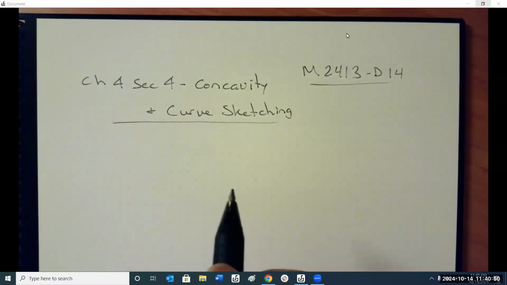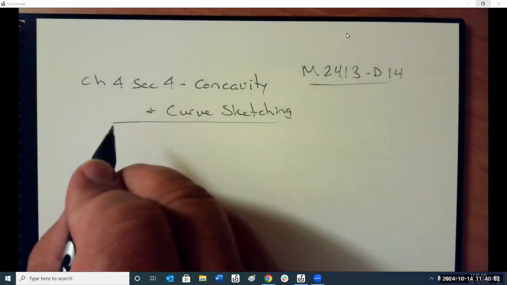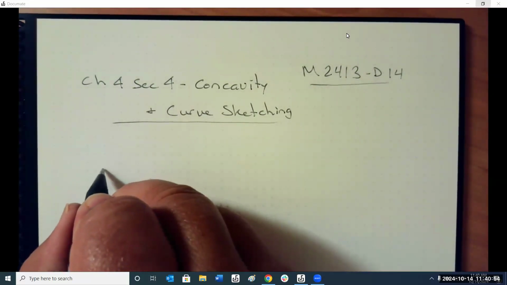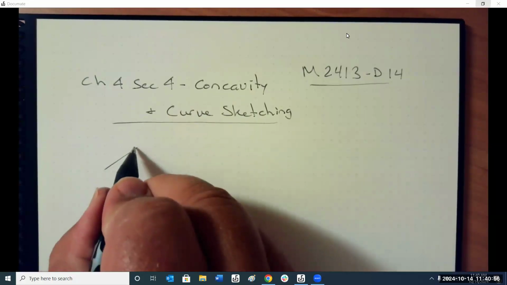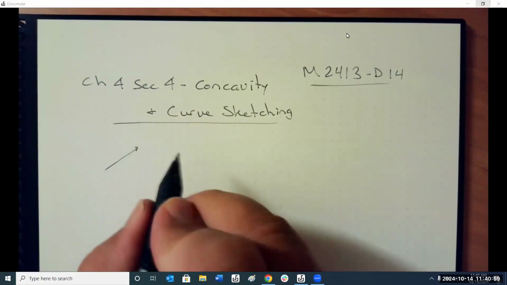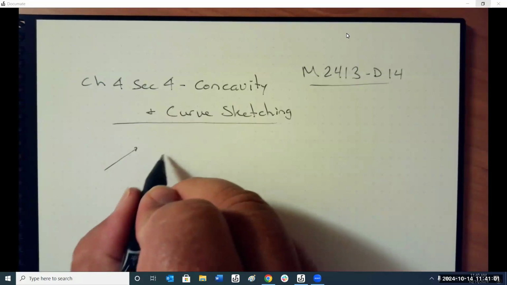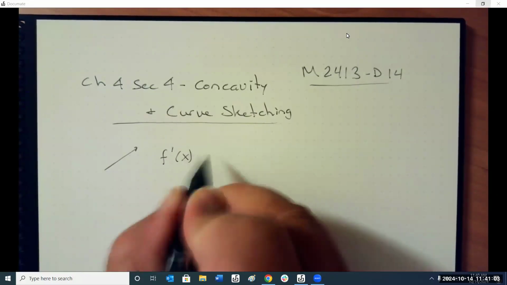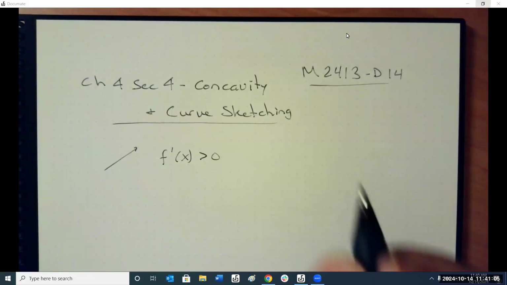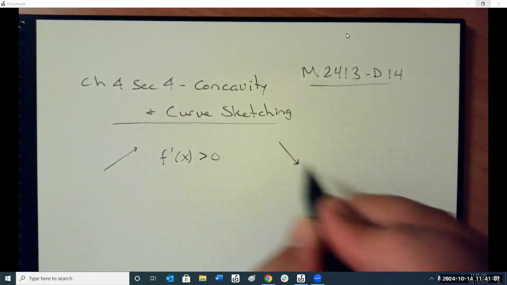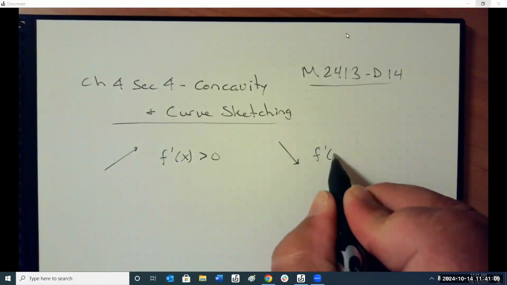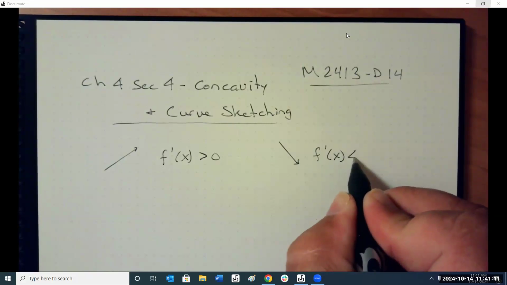So what we did in section 3, we looked at slope, in other words, the direction of the line, whether it's increasing, that's where the first derivative is positive. We saw where it's decreasing, that's where the first derivative is negative.